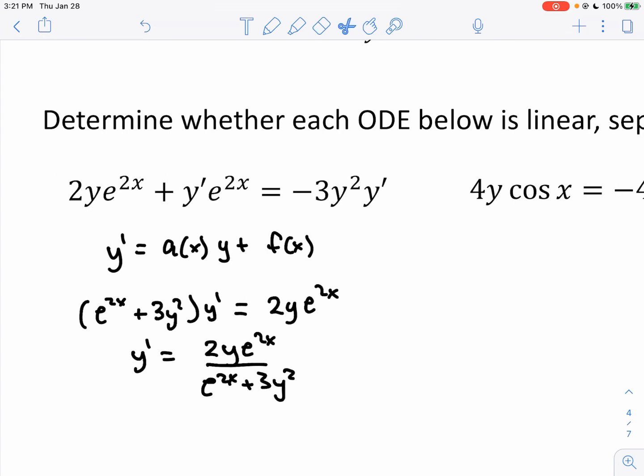If this term y squared wasn't there, then I could grab this y right there and factor it out, and then call all of this here the a of x. And this one is linear. But I can't factor out a y and do that. So this is nonlinear.